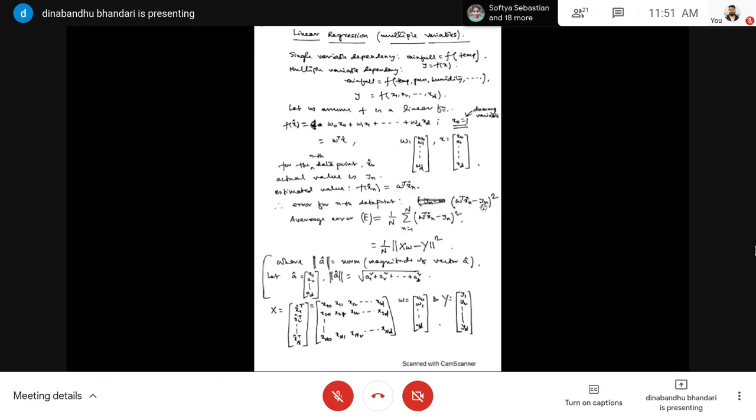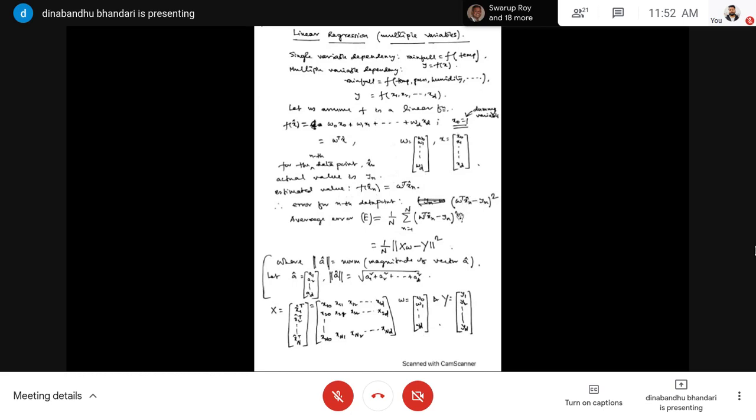We can always calculate the error like this: W transpose xn, the estimated value, minus the actual value, whole square. Note that in the previous case, I wrote yn minus W transpose xn, the other way around, but since it is a square function, it does not make any difference.